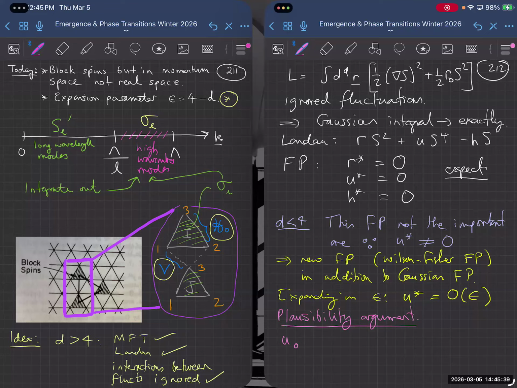Under a renormalization group transformation R of L, U naught transforms to U prime, and because U has dimensions L to the 4 minus D, this is going to go like L to the 4 minus D times U naught. And so that is L to the power epsilon times U naught. So that's what we would naively expect.